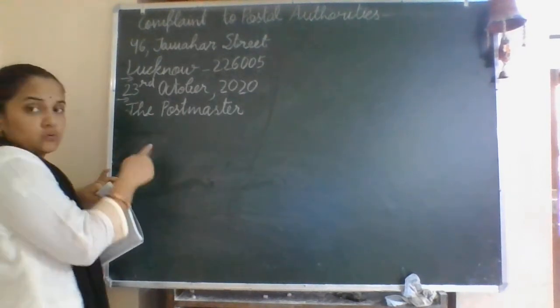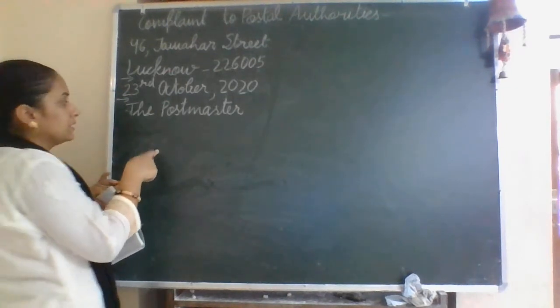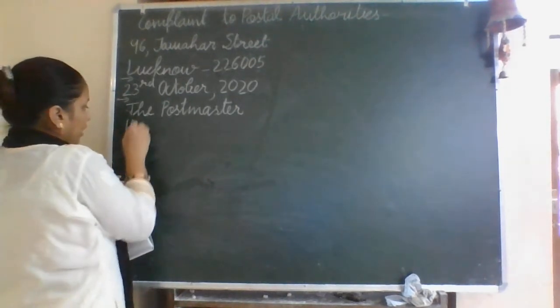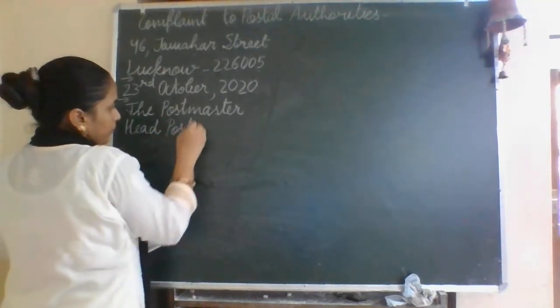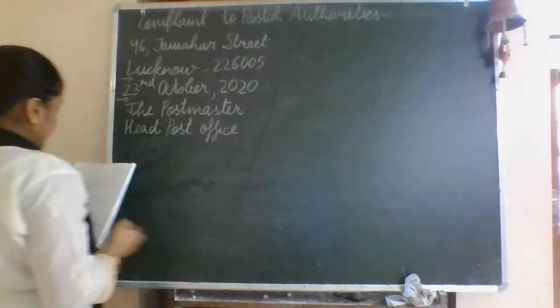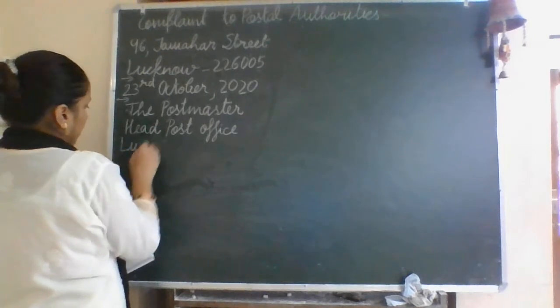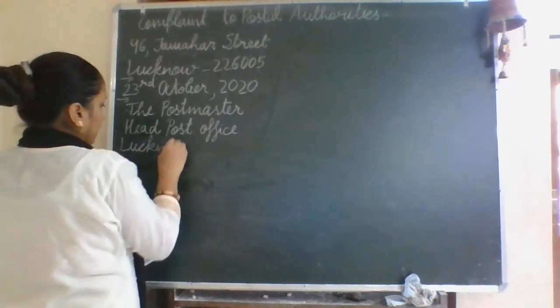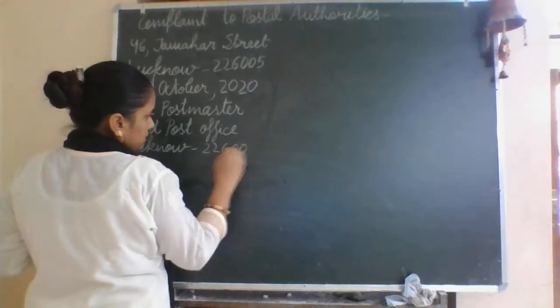Now the address of the receiver, the one to whom we are writing the letter. Head post office, Lucknow, 226005.